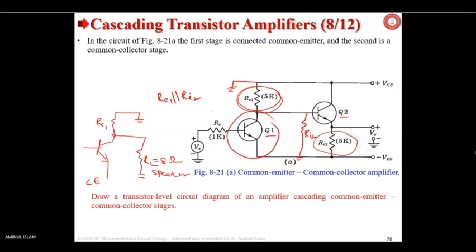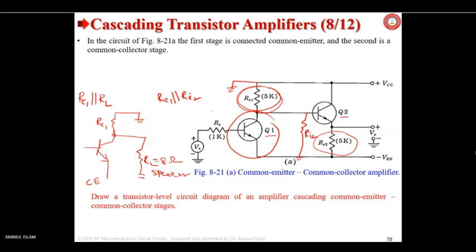In this case, forget about the circuit diagram here. What will be the effective resistance? Is it not RC1 parallel RL? Because both are connected to the same terminal and the other terminals are grounded. Yes or no?